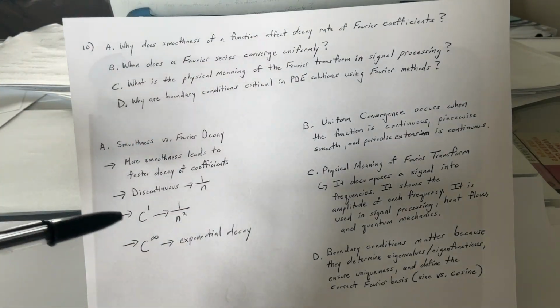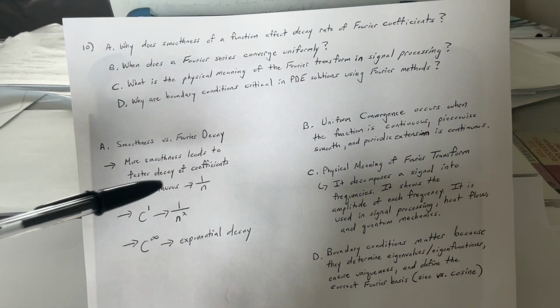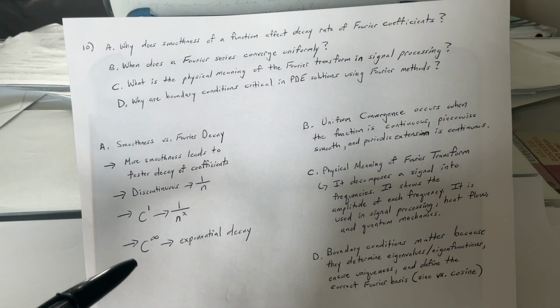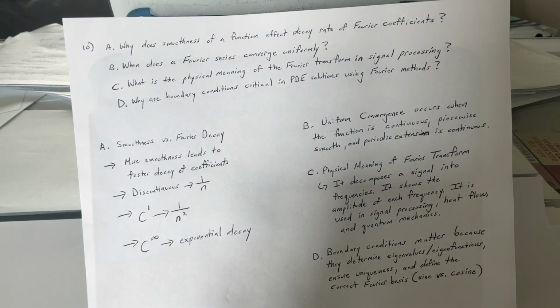So this is what happens, and more smoothness leads to faster decay of the coefficients. So it's just to think about what happens as it grows. And if you plot these, you can see what happens in terms of the coefficients.